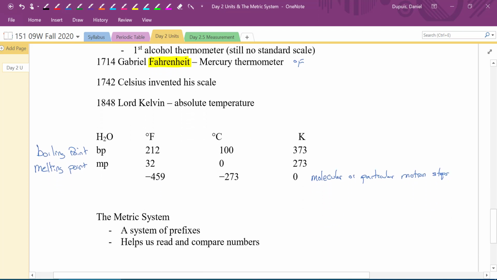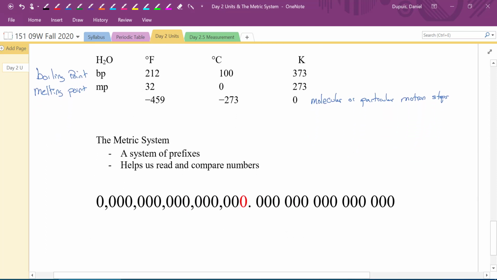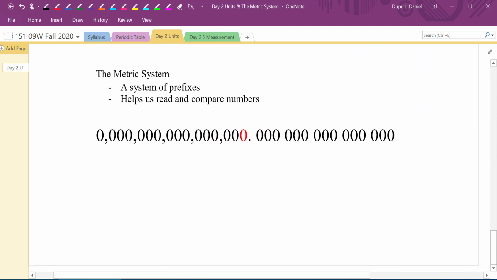Now we'll move on to the metric system. All the metric system is, is a system of prefixes to help us read and compare numbers to each other. That's all the metric system is.